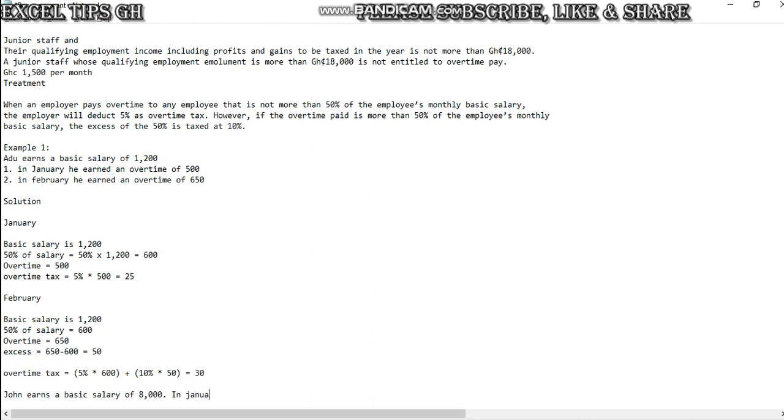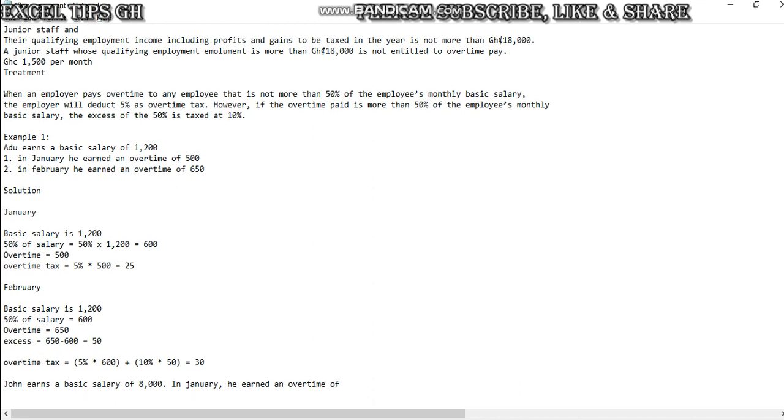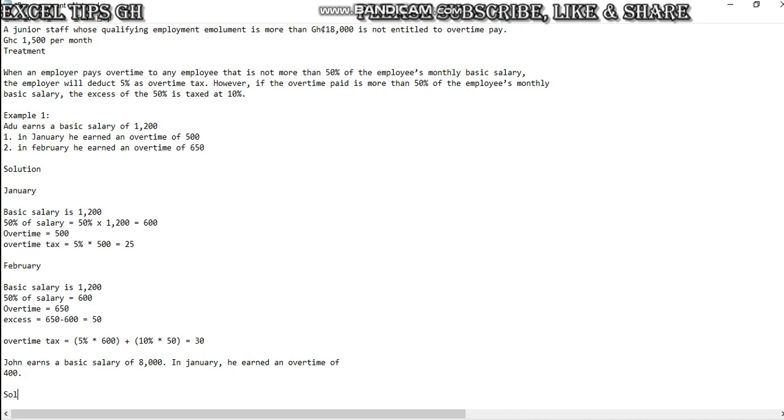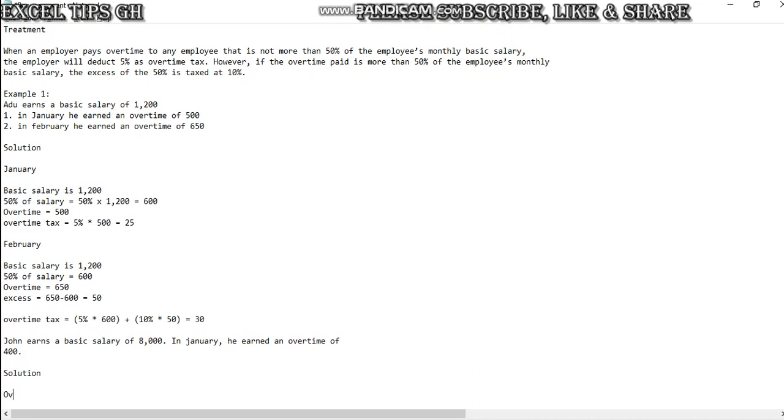In January, he earned an overtime of, say, 400 cedis. Here the overtime tax is going to be 0.